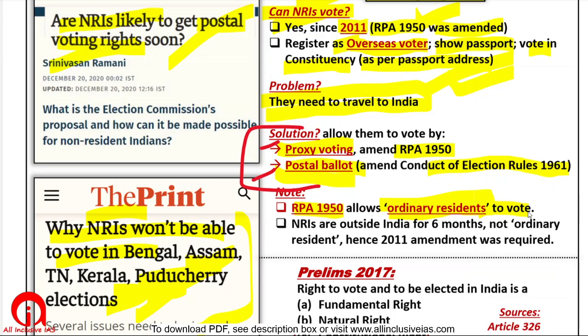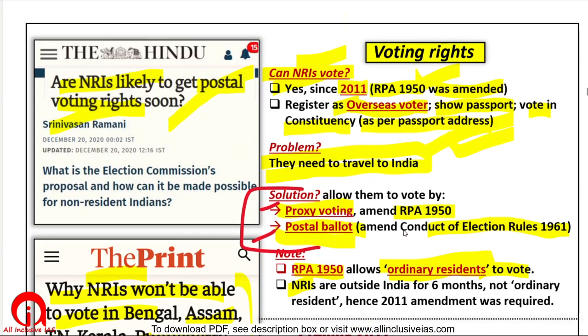NRIs are not residents, they are non-resident Indians, hence they could not vote earlier. Therefore the government had to amend this act in 2011 and allow non-residents also to vote.